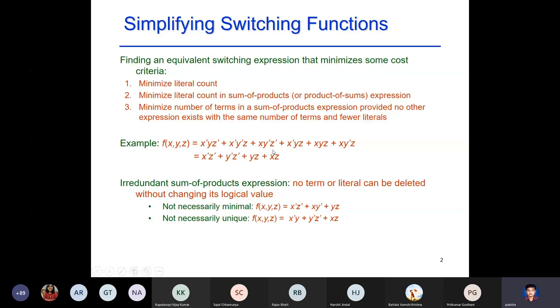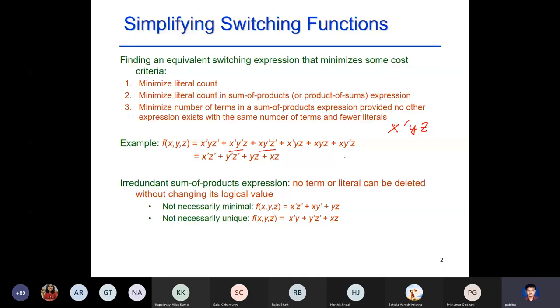So this min term I can write this way. I can list down the min terms like this. x prime, y, z prime is 0, 1, 0. x prime, y prime, z I can write as 0, 0, 1. x, y prime, z prime as 1, 0, 0. So for 3 variables, I can have a 3-bit representation of these min terms.